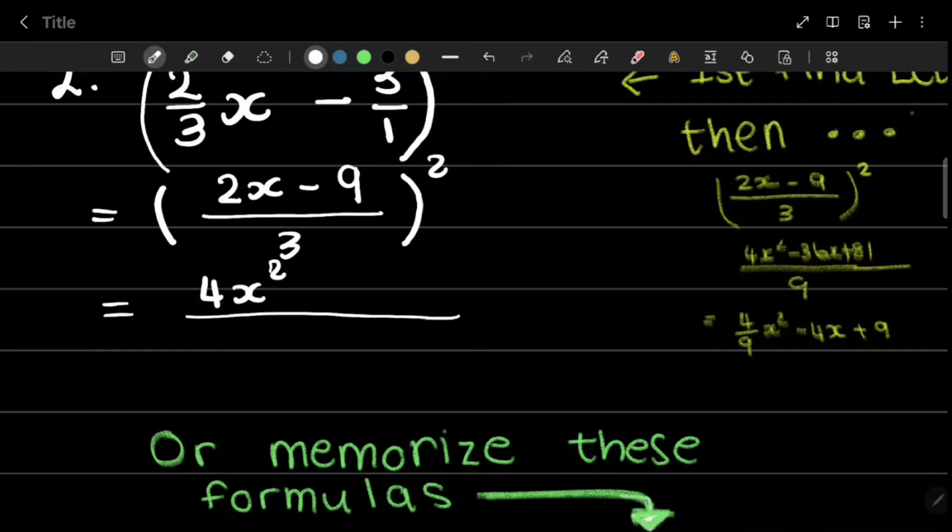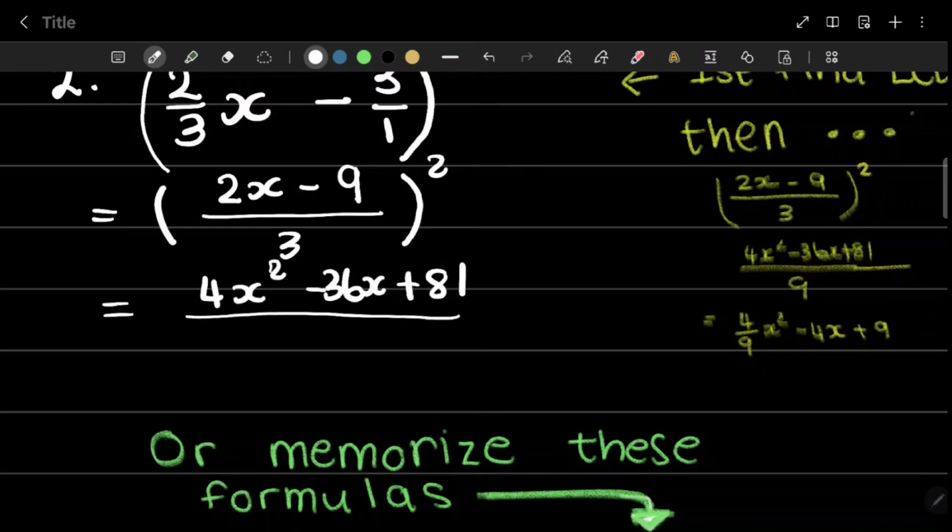Right, and then square the last term, which will give us 81. Multiply the two, so that would give us negative 18, and then negative 18 multiplied by 2 again will give us negative 36x.